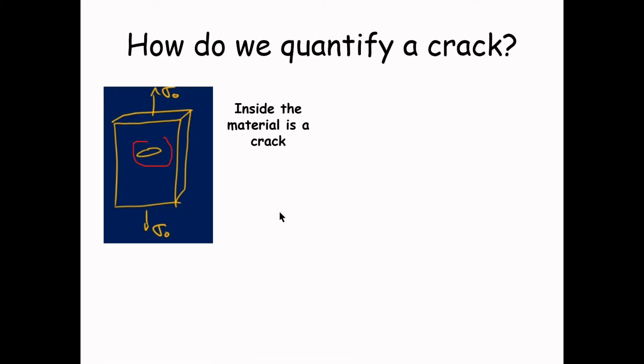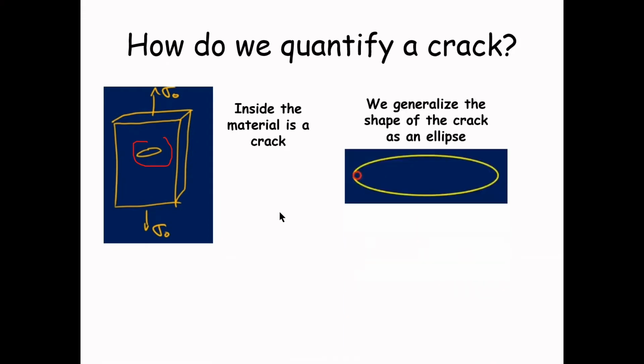We are going to generalize the shape of the crack as an elliptical crack, like I show in this figure. And at the tip of the crack, we can see a small circle here that shows the sharpness of the crack, and the radius of curvature, we call it rho.